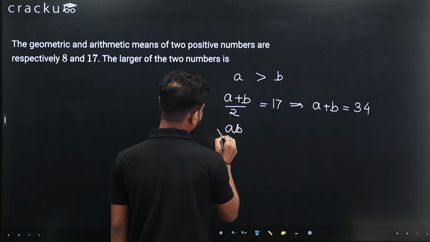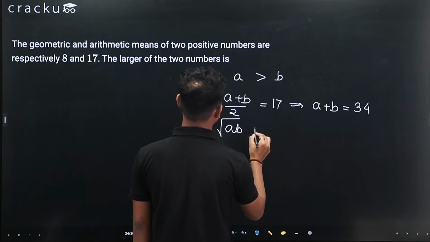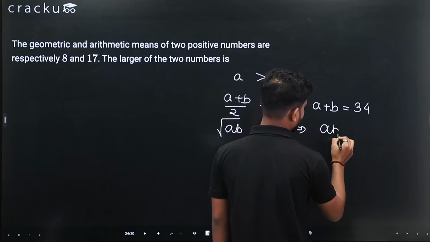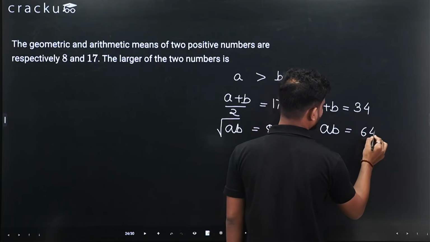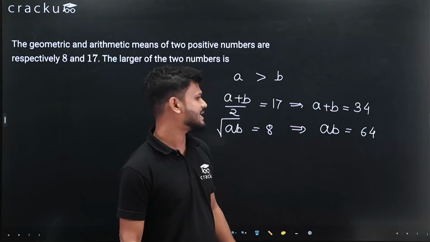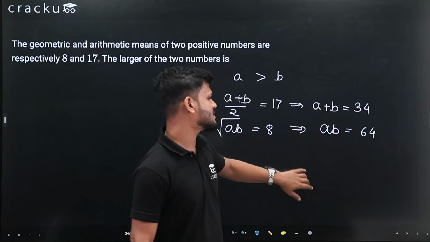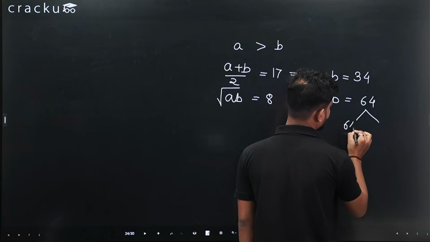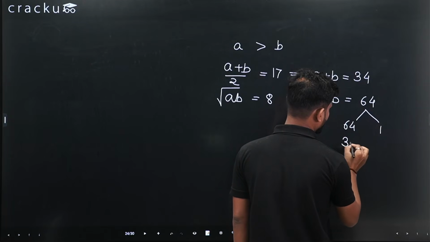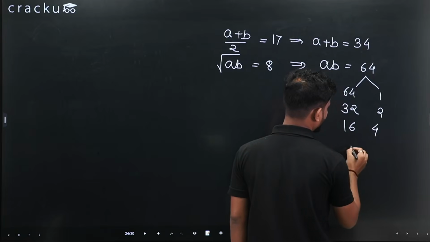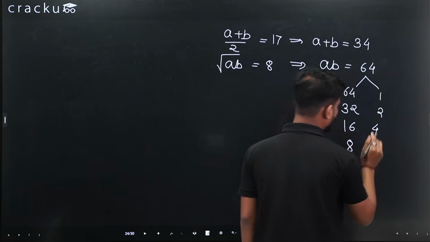Geometric mean, under root AB, is given as 8. From here AB is equal to 64. Now you need to find the factors of 64 such that the sum of both of them is 34. 64 can be 64 into 1, or 32 into 2, or 16 into 4, or 8 into 8.